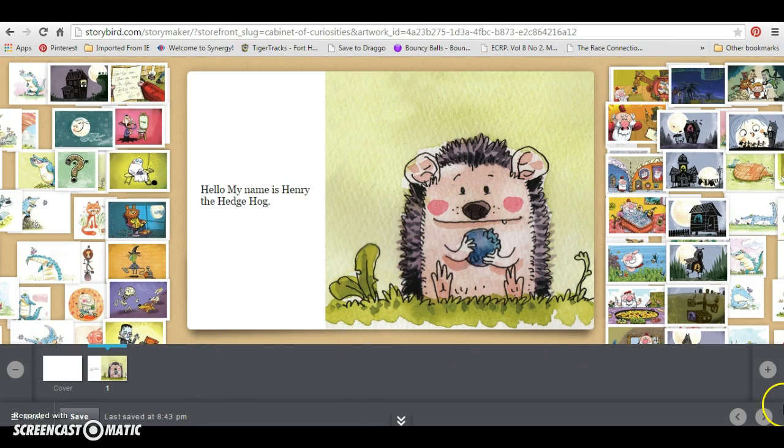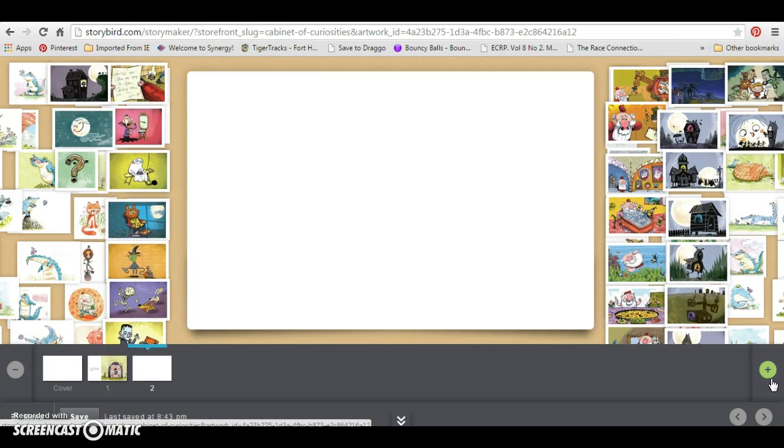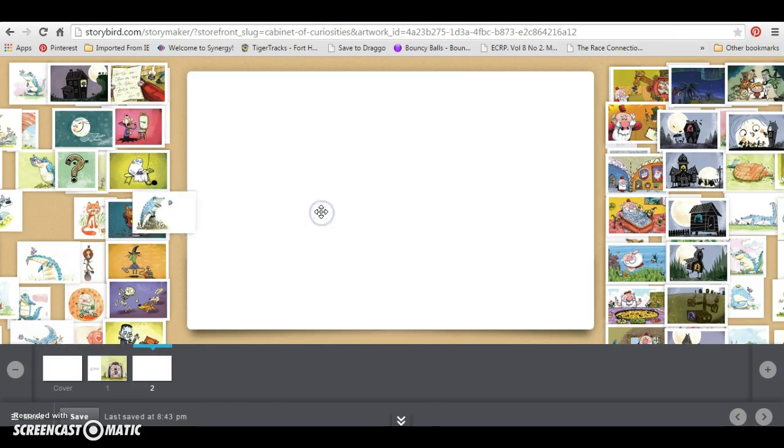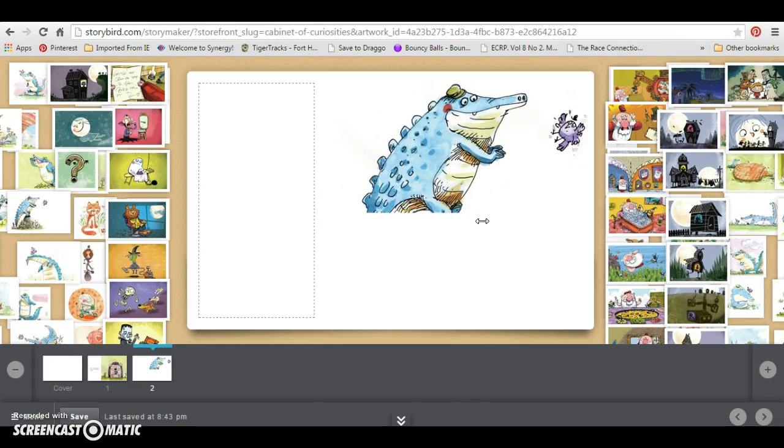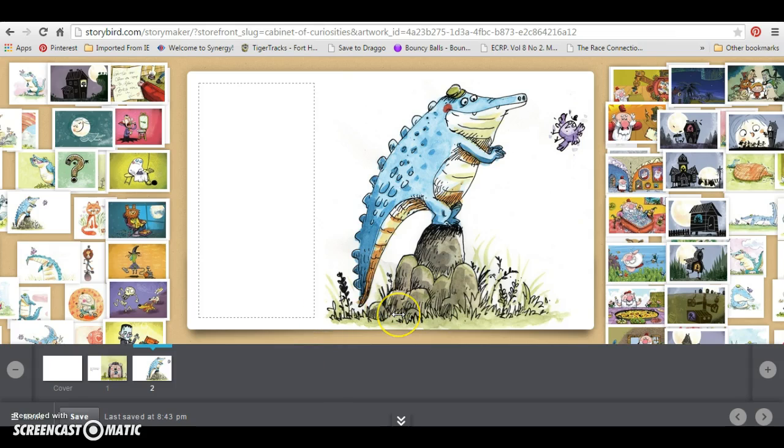So there's my first page. If I want to add another page, I click it there, and then I can just pick a picture that I feel like goes with my hedgehog. Let's see. Maybe I want this alligator. Oh, come on, alligator. This alligator, what is he doing?